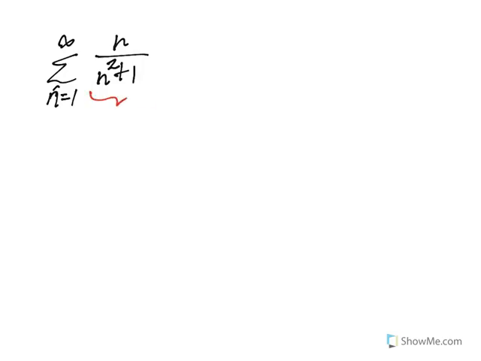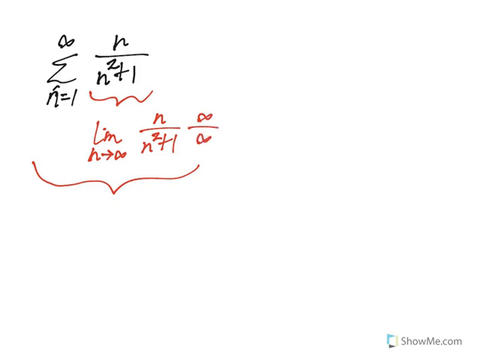Remember, the first thing that you want to do is take a look at the sequence and ask yourself, does the limit as n goes to infinity of n over n squared plus 1 equal 0? If this goes to anything other than 0, you know that the series will diverge by the nth term test. So let's check this out.